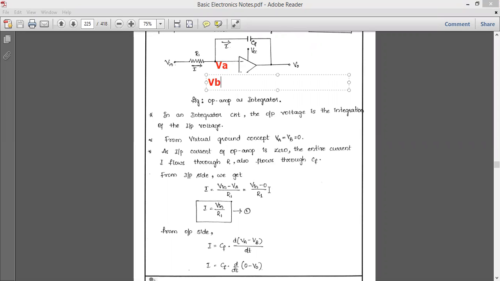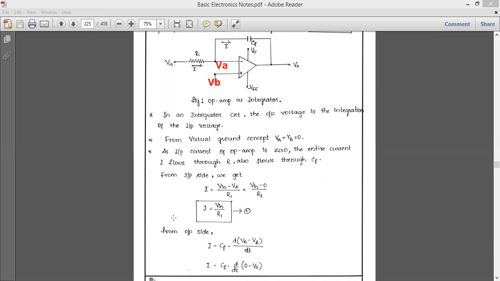So the input current I is equal to Vin minus Va divided by the resistance R1. As the voltage Va is equal to 0, the current I is equal to Vin divided by R1. This is equation number 1.